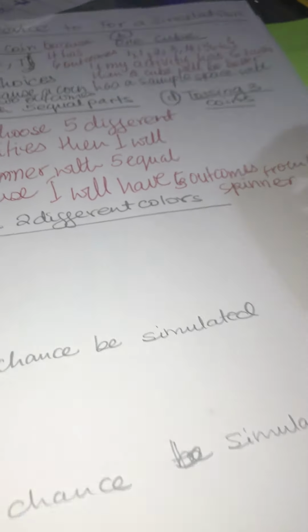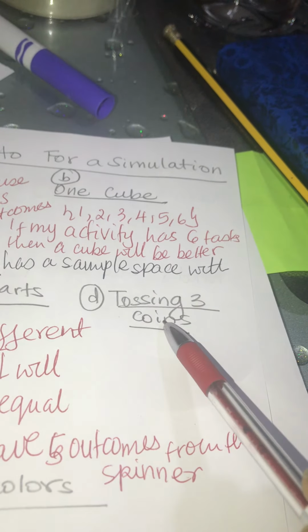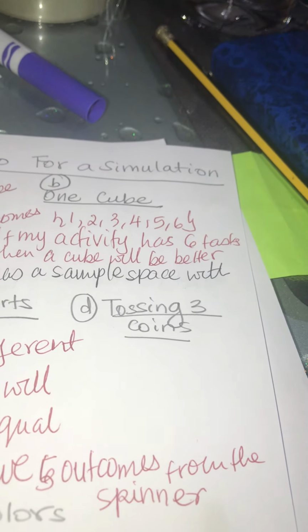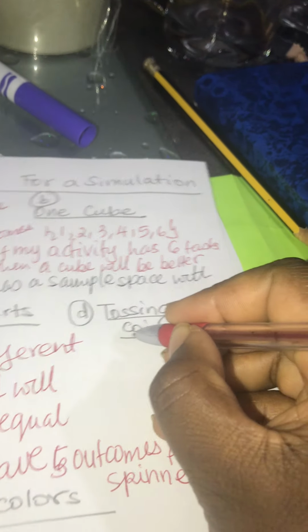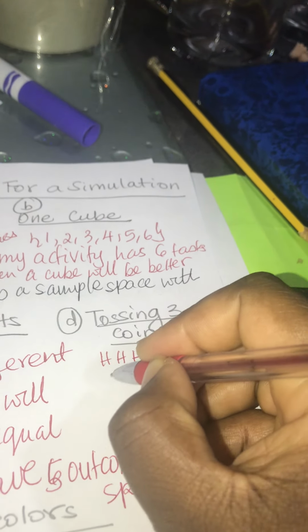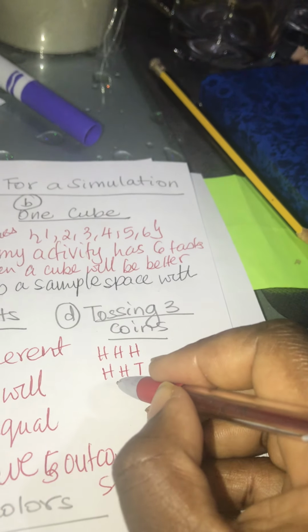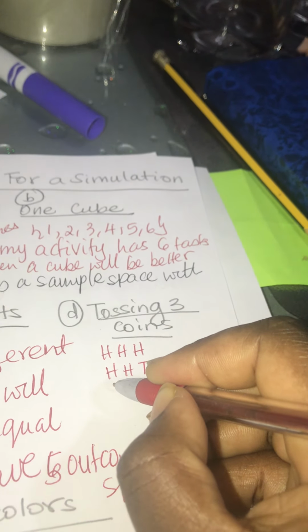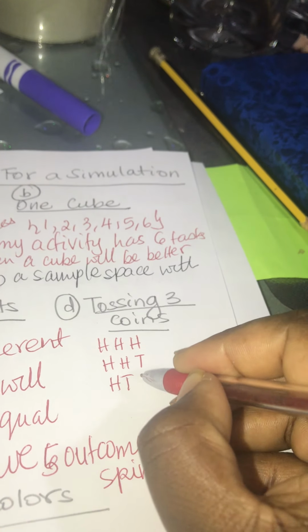Okay? Now, tossing 3 coins, where will you use this for which activity? So tossing 3 coins, you will get head, head, head, head, head, tail. I'm doing the sample space. You will get head, tail, head.